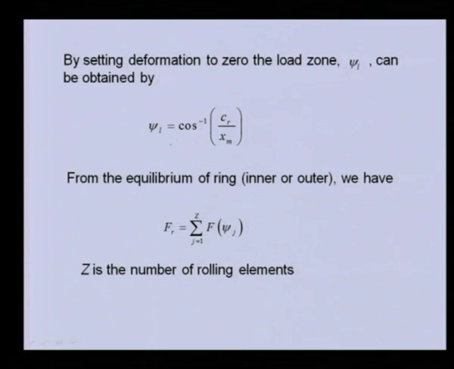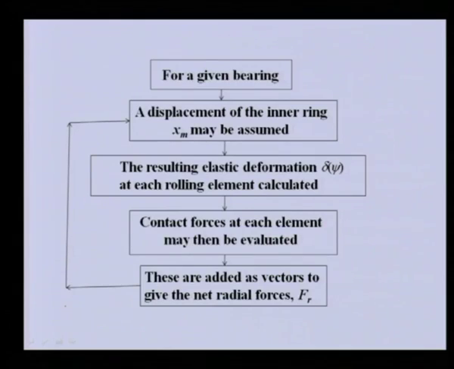Now, we can take the equilibrium of a ring. That means all such forces because of the balls at various angular positions xi, we can sum up for all the rollers. If these rollers are outside the contact zone, those terms will be 0. So, that should be equal to the external applied load, where z is the number of rollers. So, basically for a given bearing, we can choose this particular displacement.